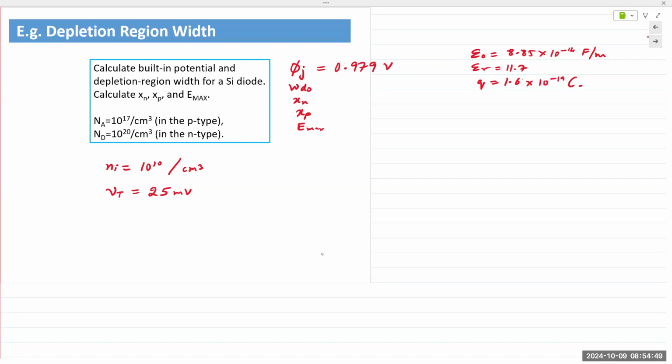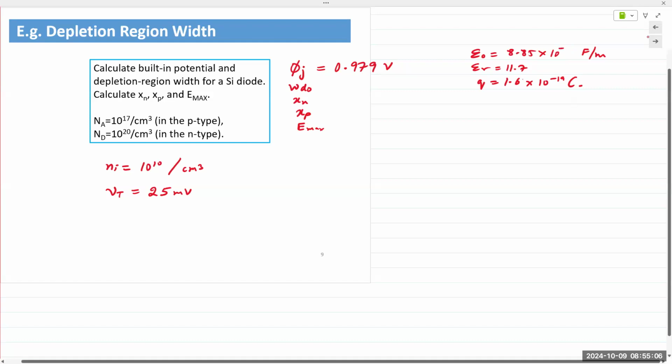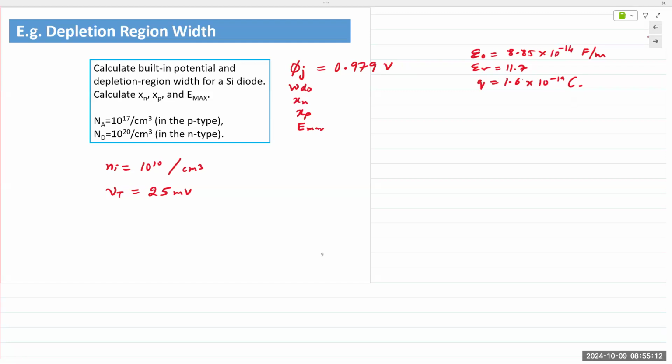So it will be very, very small. Which one? Oh, minus 14. Permittivity of free space, 8.85 into 10 raised to minus 14.